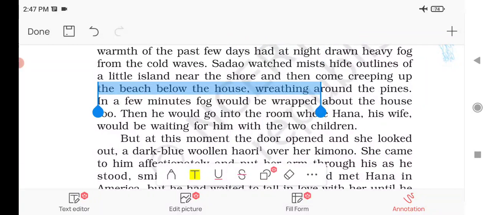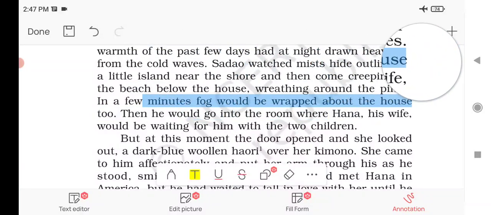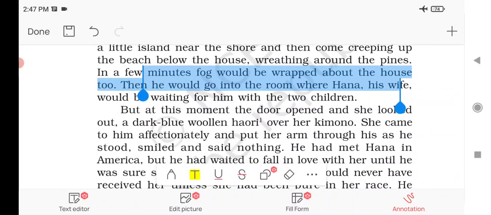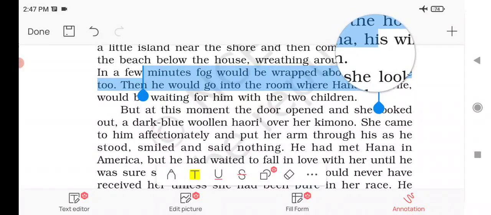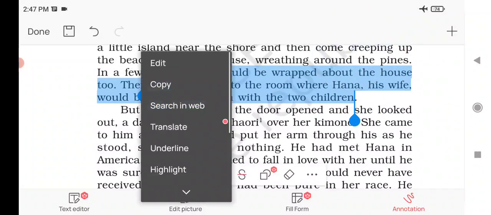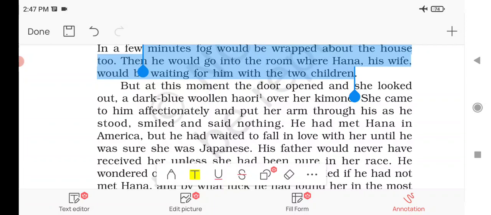In a few minutes the fog would be wrapped about the house too, and then everything was covered, even the house. Then he would go into the room where Hannah, his wife, would be waiting for him with two children. And then Dr. Sadao would go back to his house, to his room, to check on his wife and his two children.